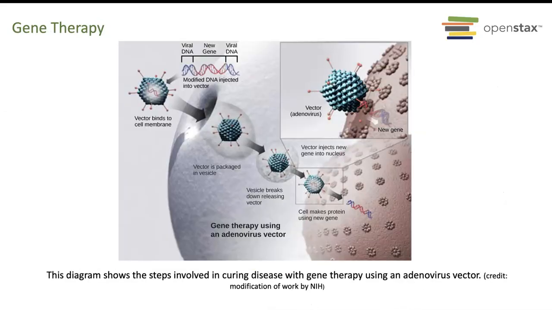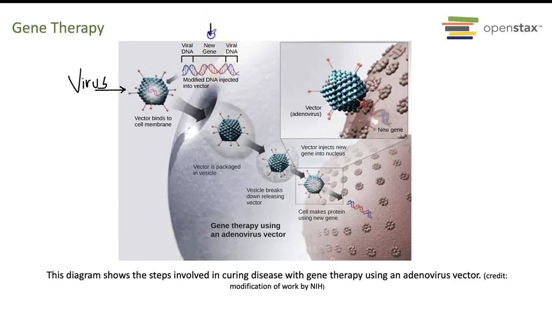All right, then gene therapy. Gene therapy is a process where you use some kind of vector. This is showing you a virus, but we need something to carry DNA that has been modified, right? So this virus has the viral DNA and it has a new gene, right?